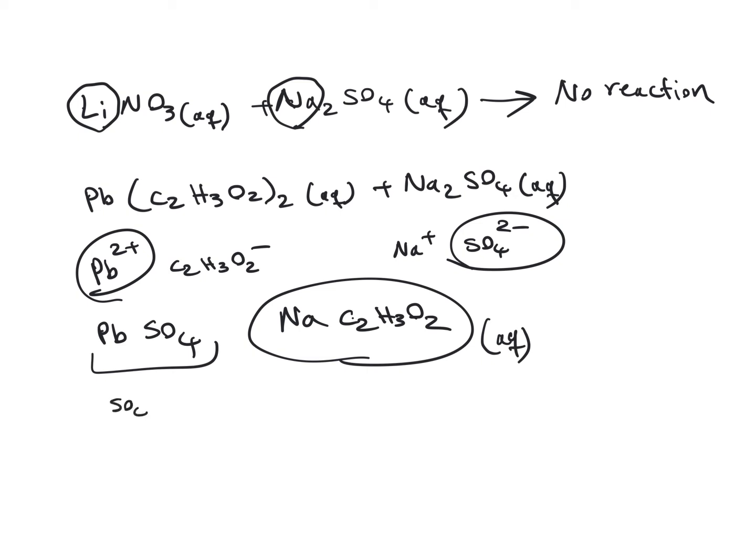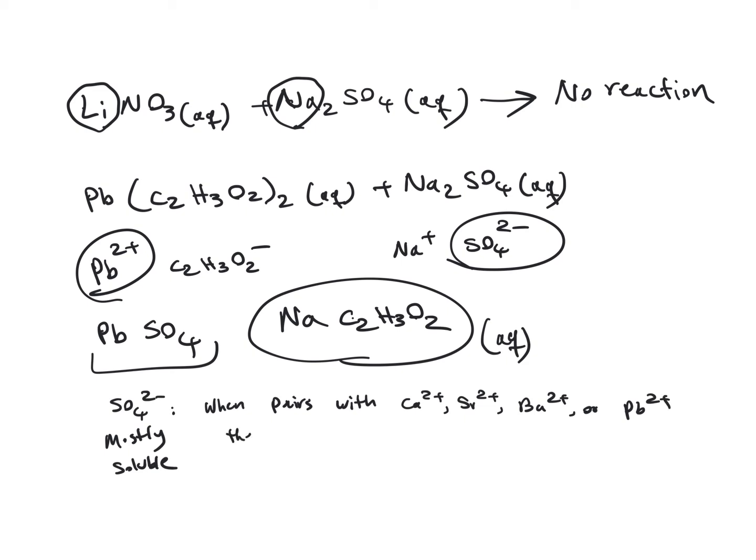So SO4 2 minus is mostly soluble, but when it pairs with Ca 2 plus, Sr 2 plus, Ba 2 plus, or Pb 2 plus, the compound is insoluble. And as you can see here, it paired with Pb 2 plus. So this is insoluble. So you see solid.